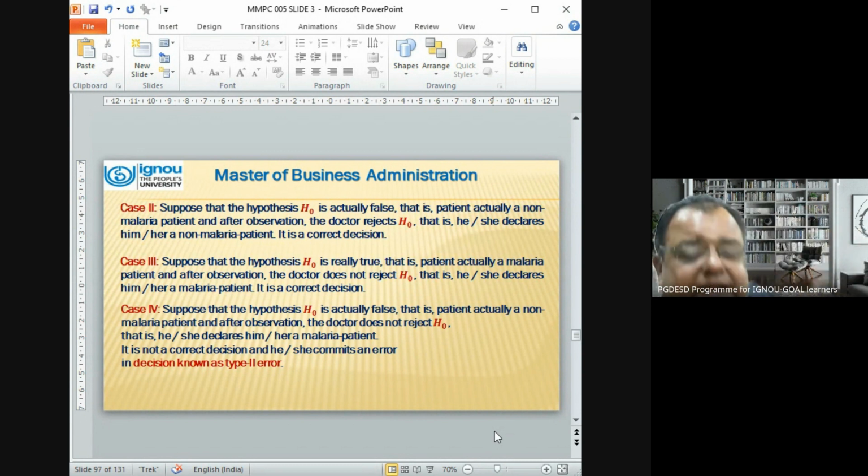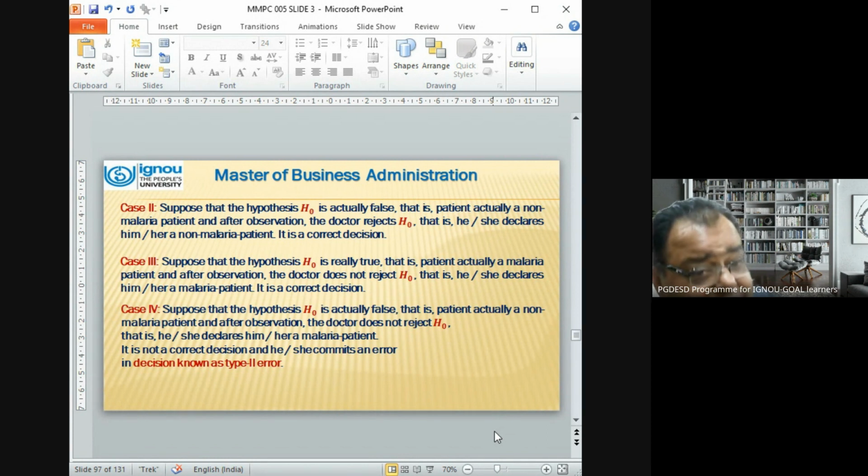Now, in general, we have taken this. Normally, if you are having high fever, the experienced doctor will straight away say that you are suffering from malaria. But actually, you being an intellectual, you can ask the doctor, sir, why don't you go for a test, something pathological? And if he says no, it's true that I said malaria, you are a malaria patient, but actually you are not a malaria patient.